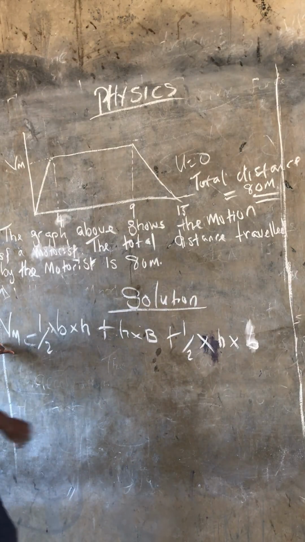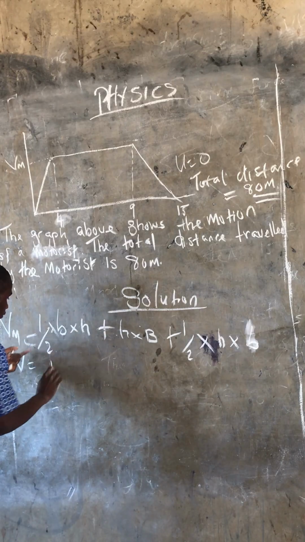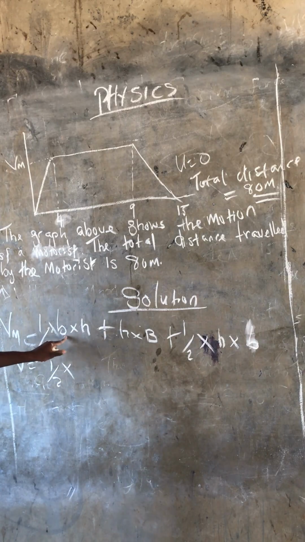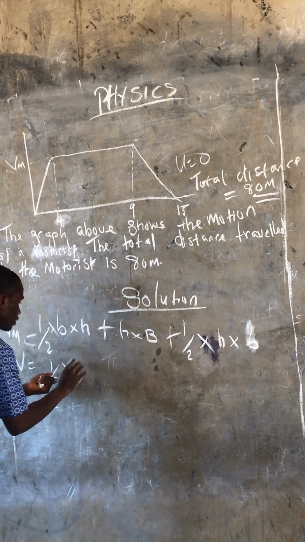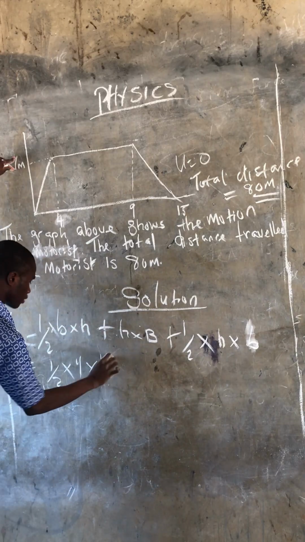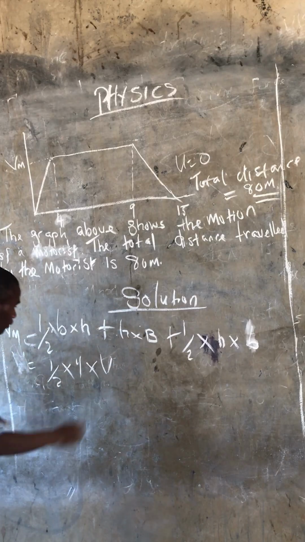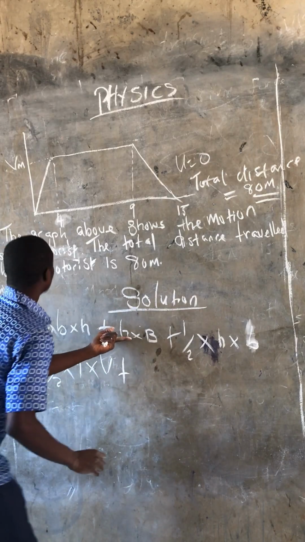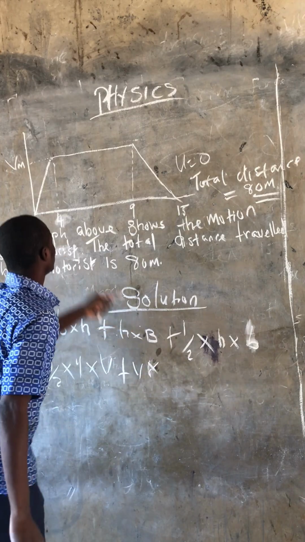So we can say half times the breadth here, which is 4, times our height, which remains as v, plus our height v times our breadth.